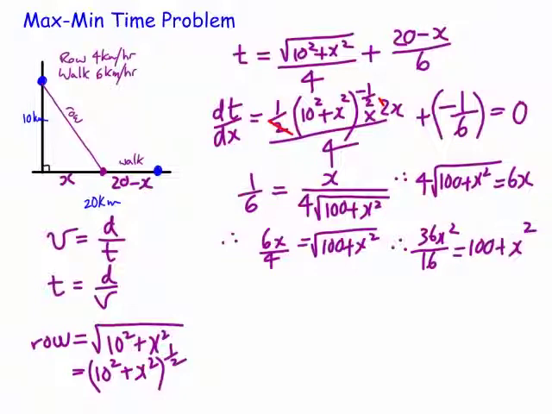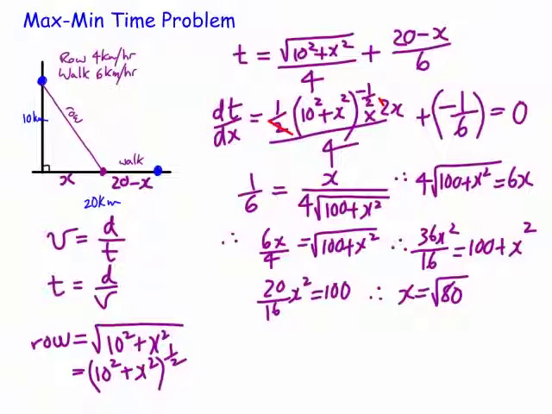If we take off x squared from both sides, we get 20 on 16 lots of x squared is equal to 100. Rearrange this and I think x is equal to the square root of 80, which is roughly 8.9 kilometers along the coast. That's roughly where we'd land.